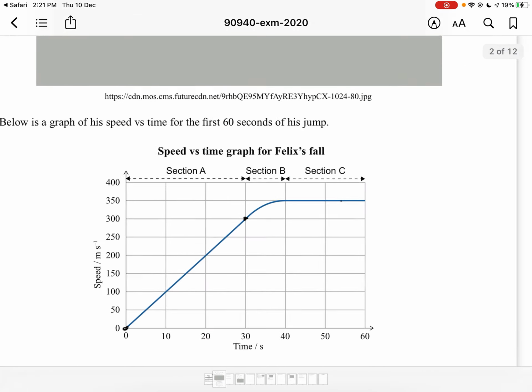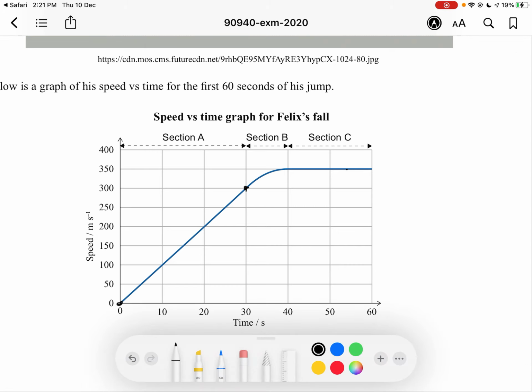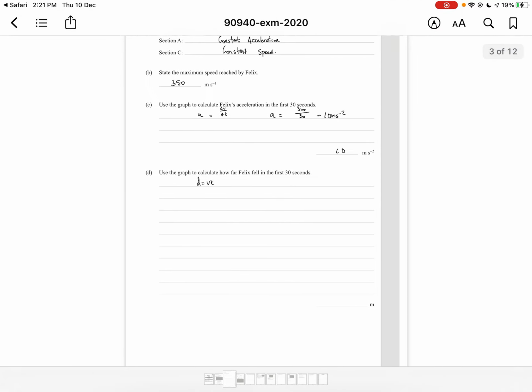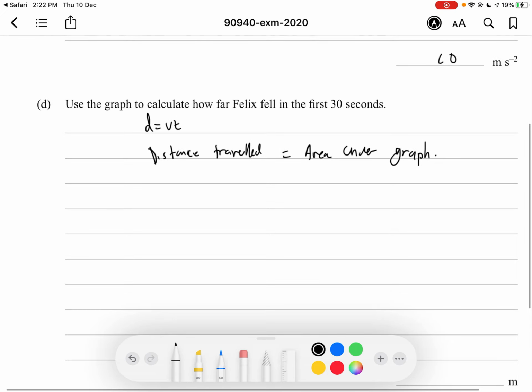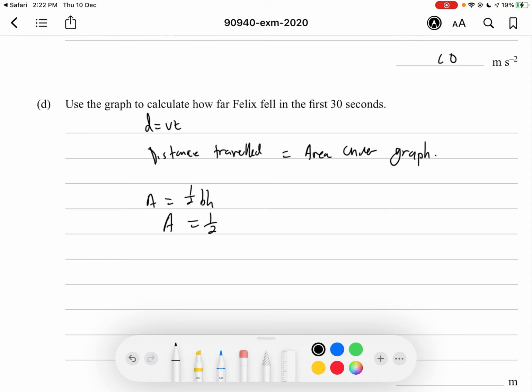So in the first 30 seconds, we're going to see a triangle here. So we're just going to calculate the area of the triangle. Distance traveled equals the area under the graph. So area equals half base times height.